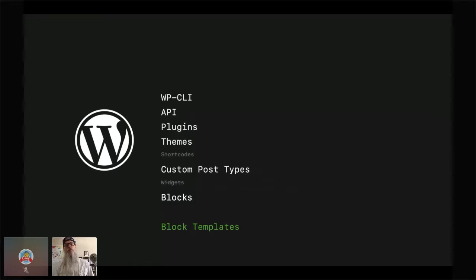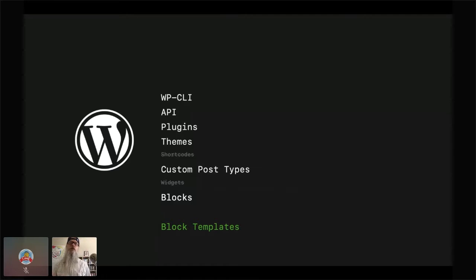We'll see block templates coming soon. And I'm calling them block templates. Whatever name we come up with is probably going to be better than this. I know templates could get confusing, so we're going to have to figure that out.